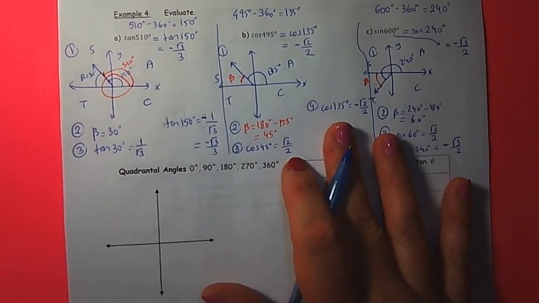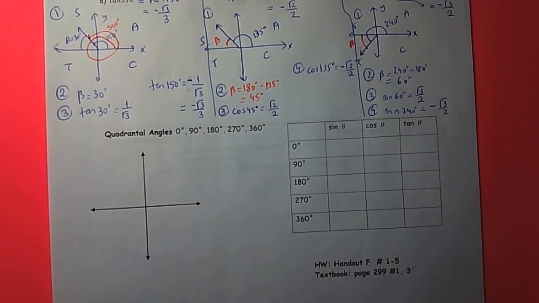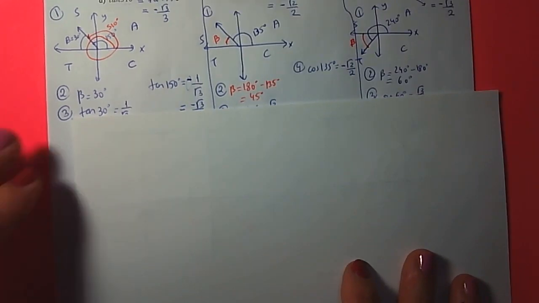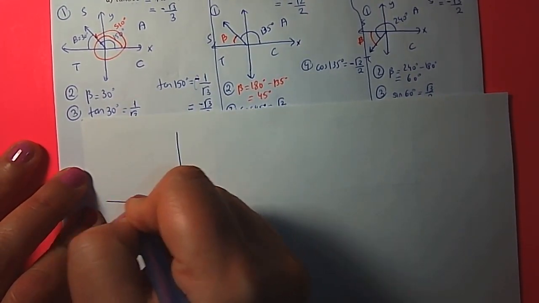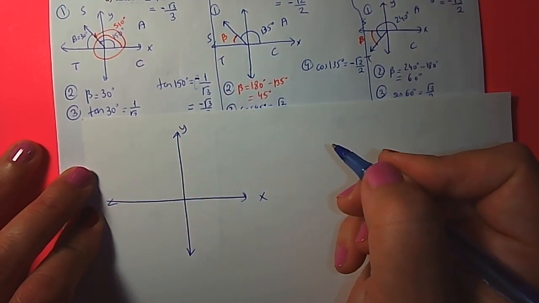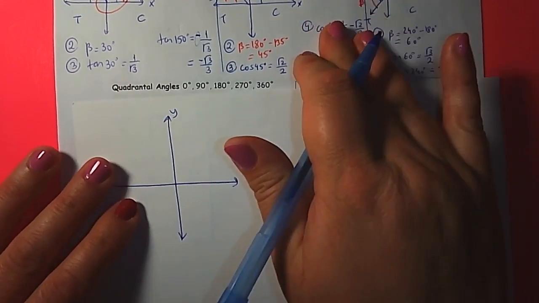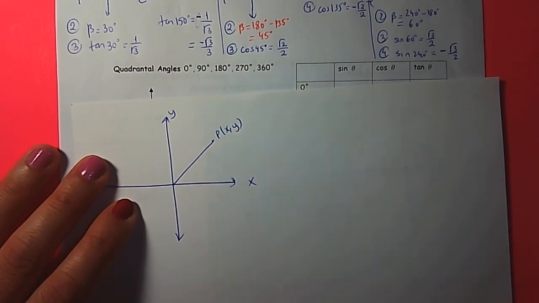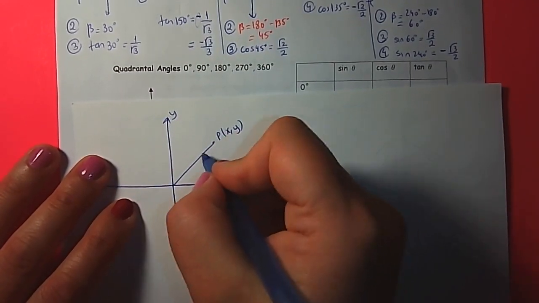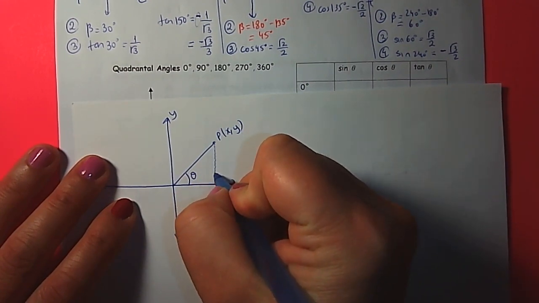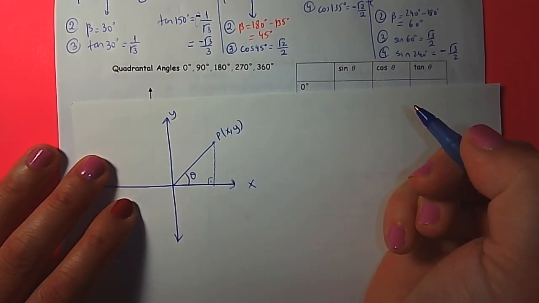Okay, next topic, quadrantal angles. Before we do that, I want to go back and talk about a point on a terminal arm again. If we have a point P on the terminal arm of an angle theta, we can draw a perpendicular line to the x-axis.